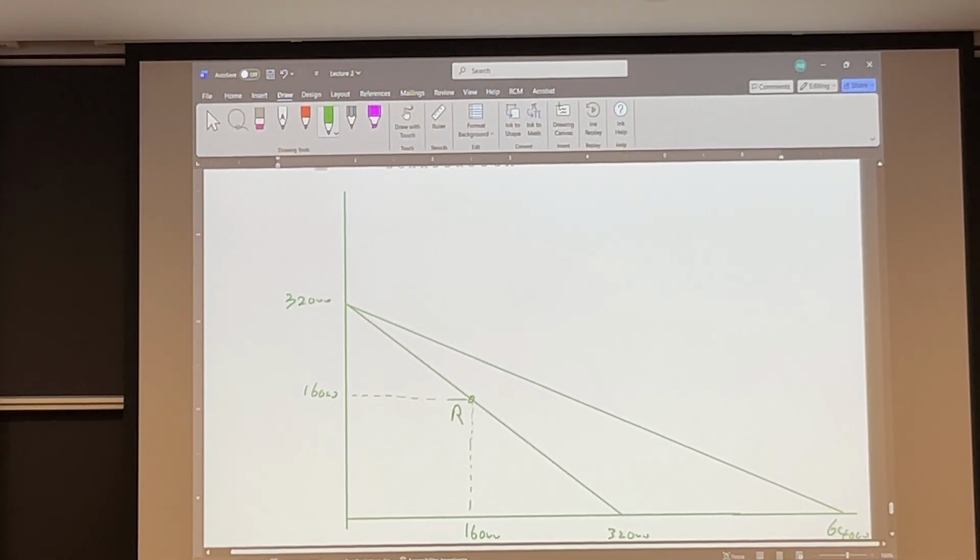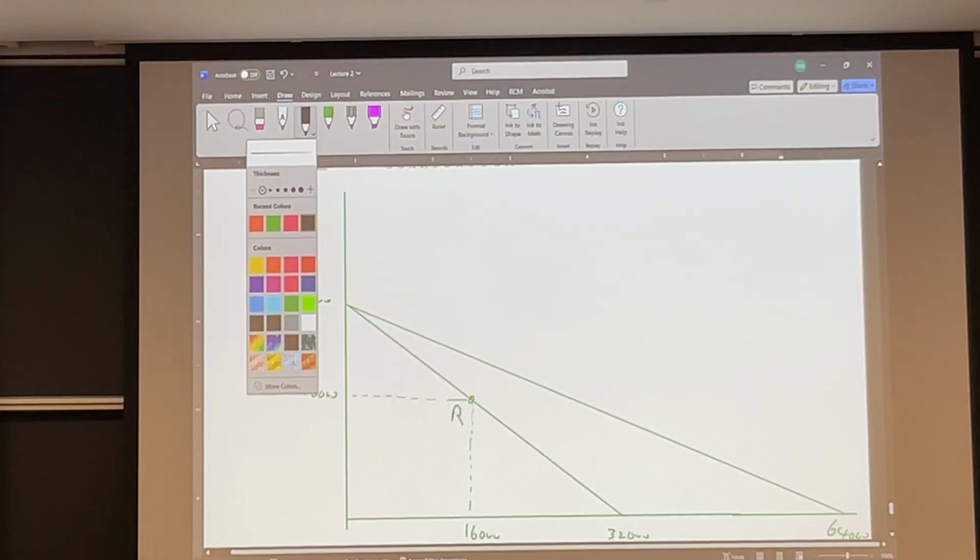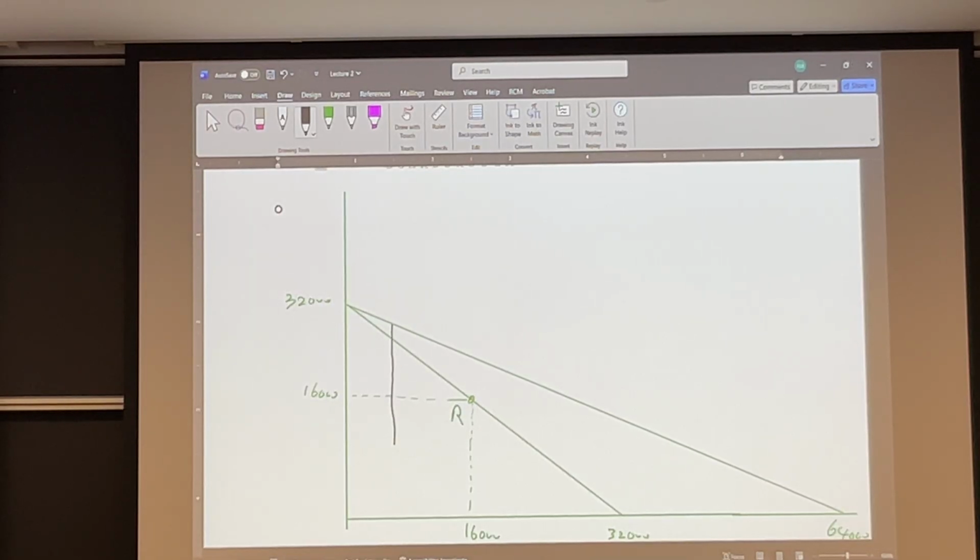But not all of that budget line is available because the ration cuts it off. And you cut it off at which point? 7500. Eliminate this part. Cross it out. That's not available. You cannot go there.